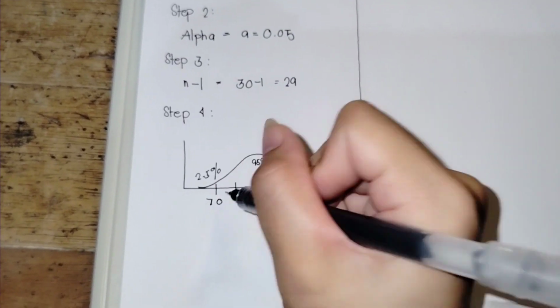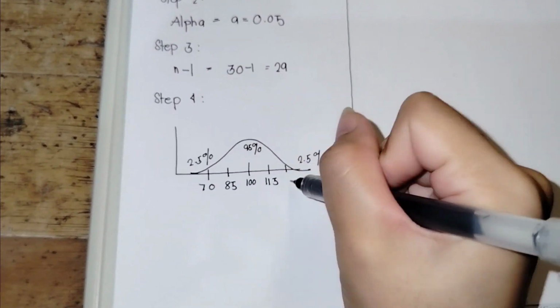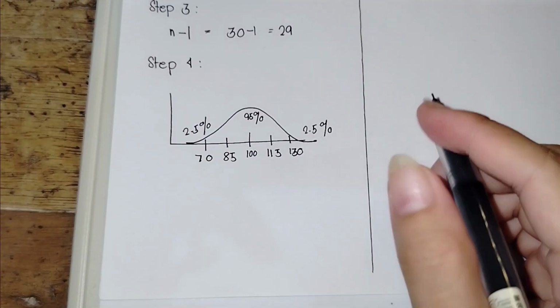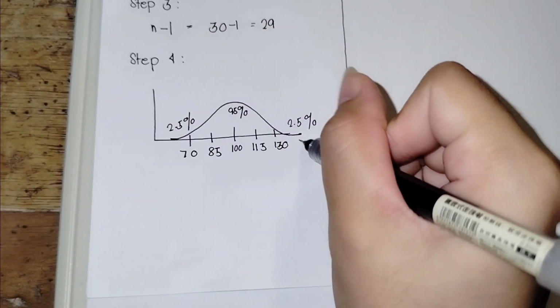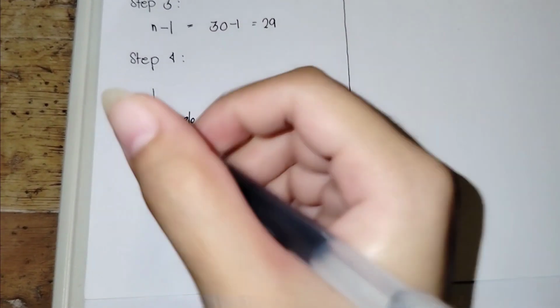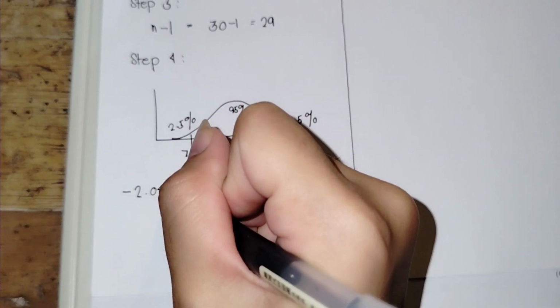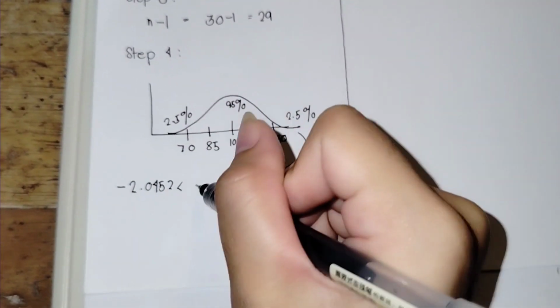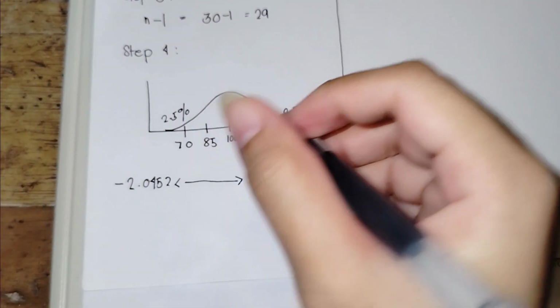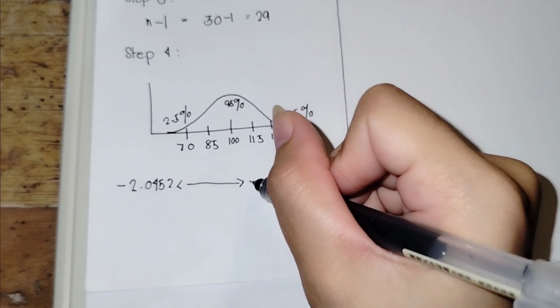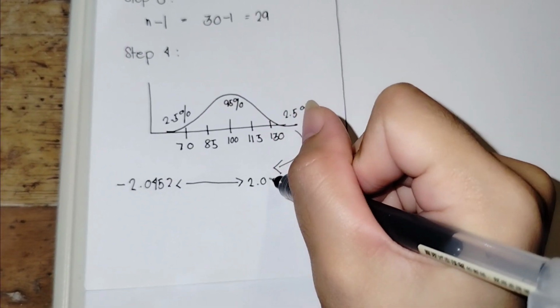After you find the 0.05 and the number 29, you will get the critical values, which are negative 2.0452 and positive 2.0452.